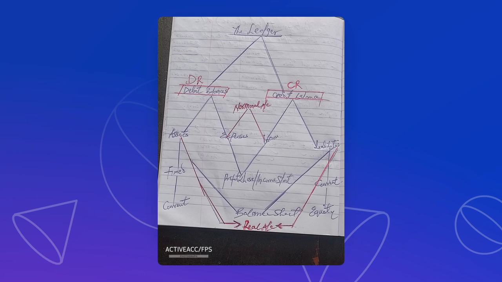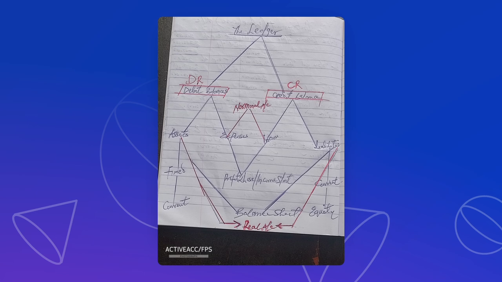And then you now see that the assets, which are the real account, and the liability, which are the real account, they are balance sheet items. You can see this line connecting liabilities to balance sheet and assets to balance sheet. So all of these are assets, all of these are liabilities, and this is connecting them to balance sheet.